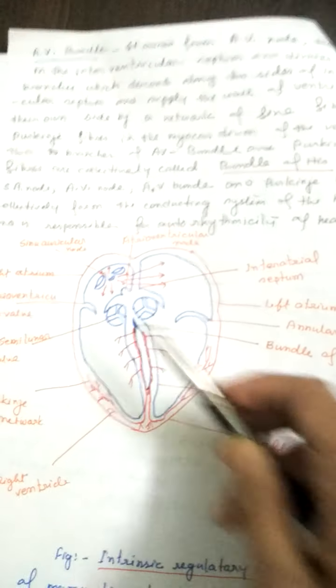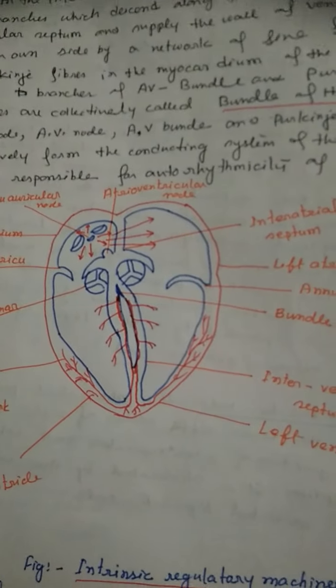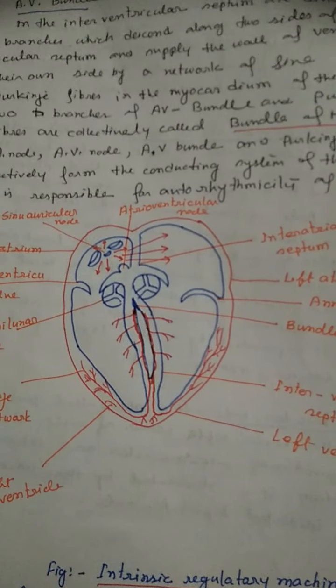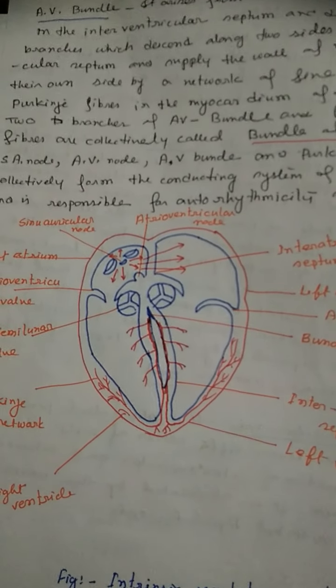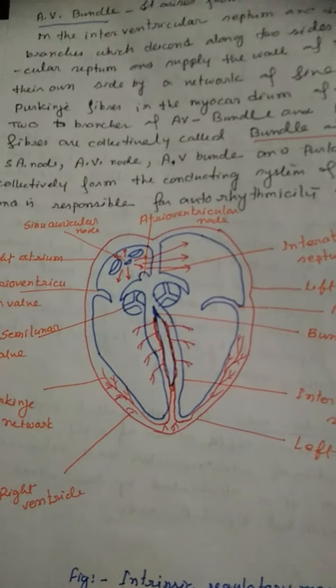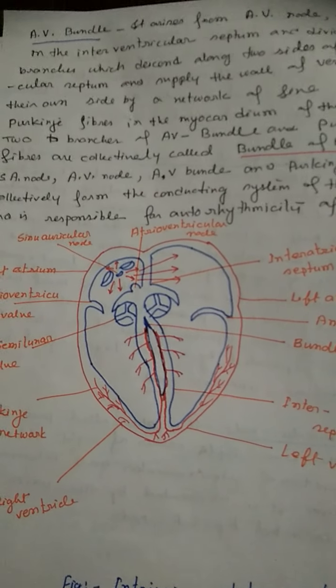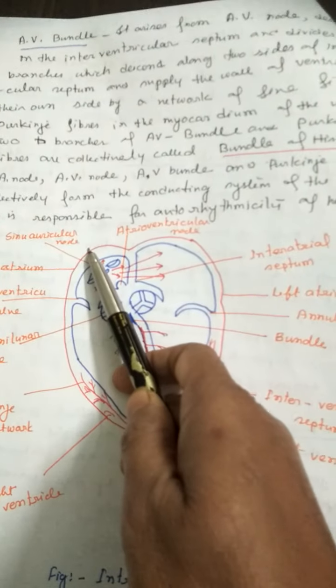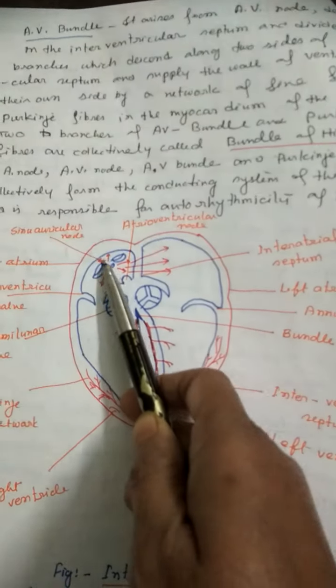So here the first one is the sinoauricular or sinoatrial node, in short known as the SA node.